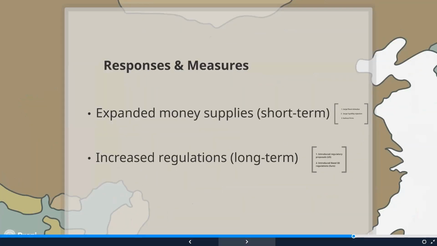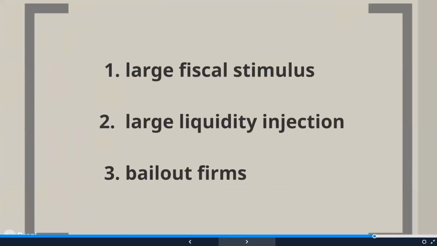So the U.S. government expanded money supplies in the short term and increased regulations long term. So they spent a lot on bailing out.